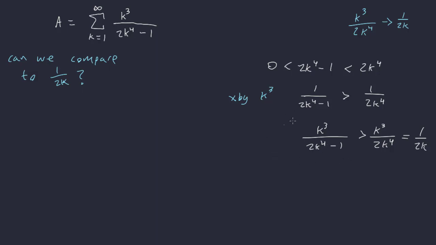So for every k, the terms of A are greater than 1 over 2k.